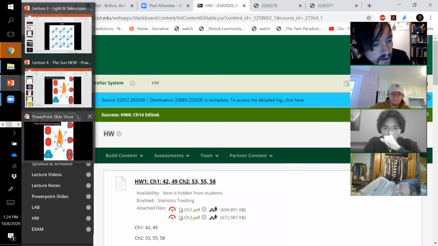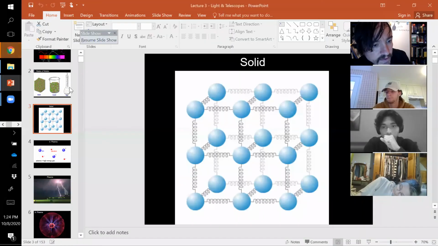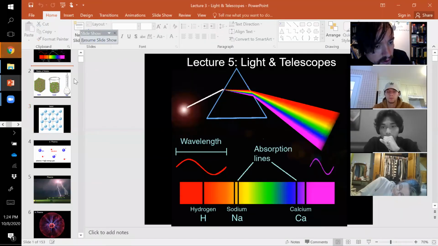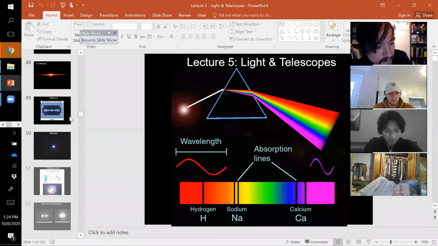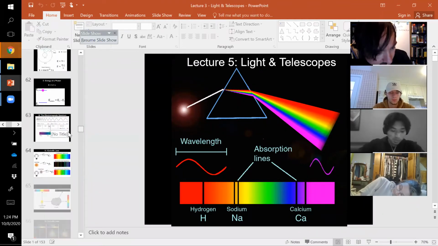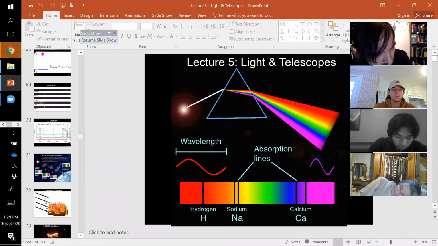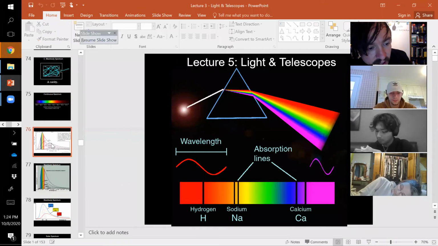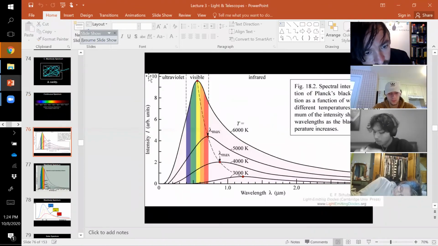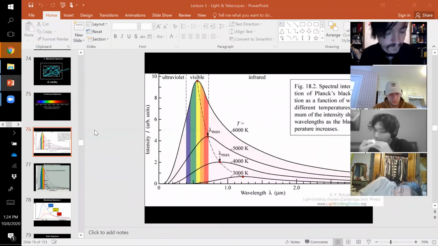You guys will remember that in chapter 3, you learned that black bodies are hot, dense thingies that produce white light that's like a rainbow. But I also taught you, maybe even in our last lecture, that the sun does not produce all wavelengths equally.